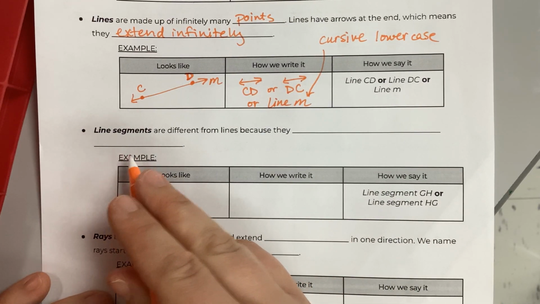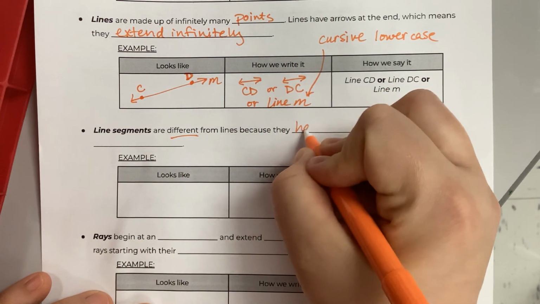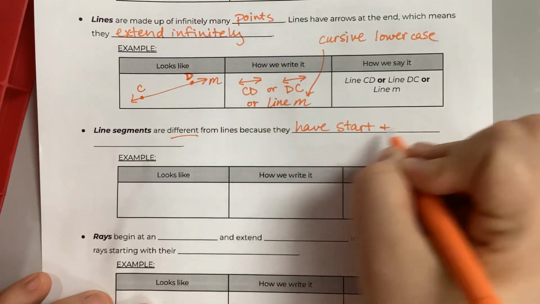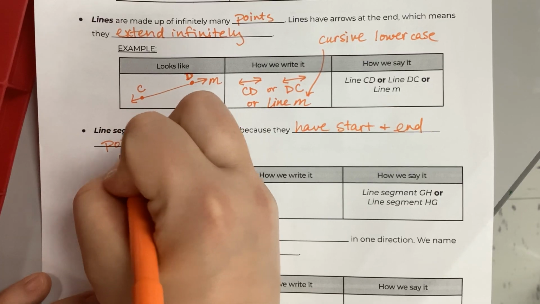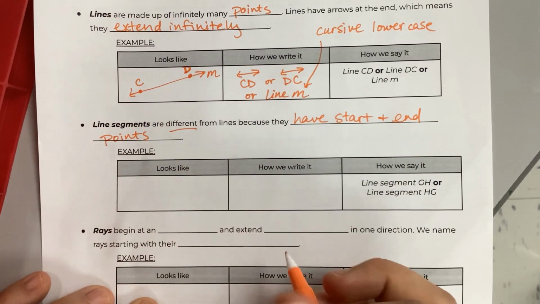Next figure is a line segment. So these are different from lines because they have start and end points. All right, think of it as a piece of a line.